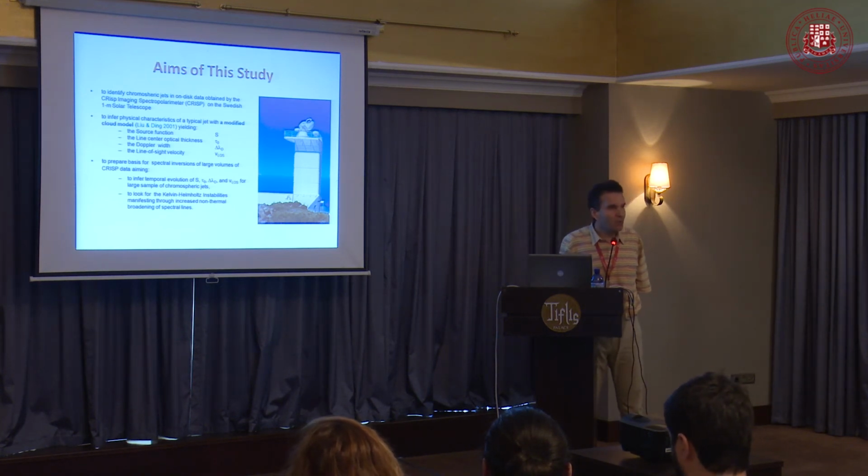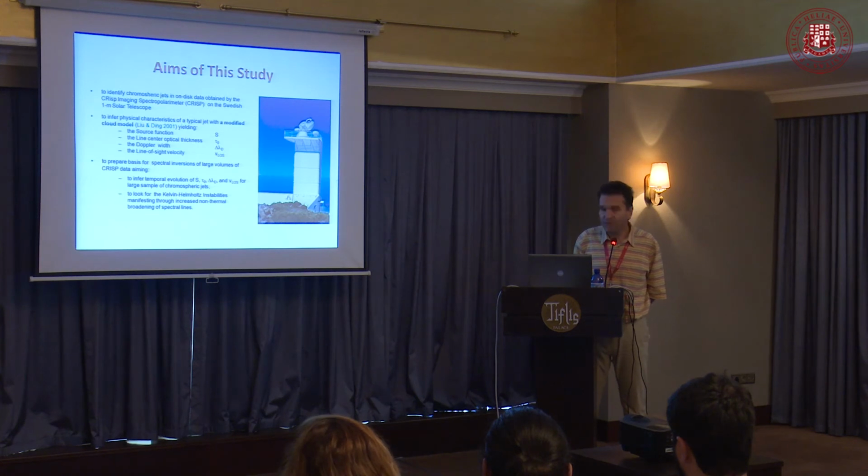First let me show you the aims of this study. First, we need high quality material for identification of a large statistical sample of chromospheric jets. Of course, the best tool for this is the Swedish Solar Telescope.